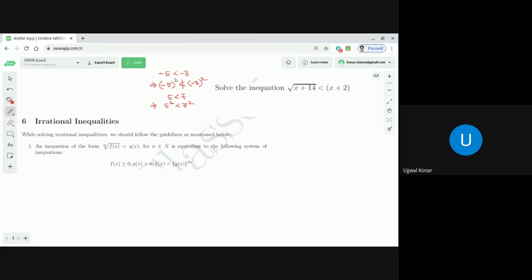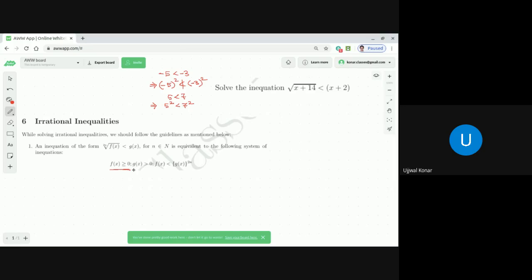While solving irrational inequalities, we should follow the guidelines mentioned below. An inequation of the form 2nth root of f(x) is less than g(x), for n belonging to capital N, the set of natural numbers, is equivalent to the following system of inequations. If you see, dear students, f(x) is greater than or equal to 0, that is the first inequation.